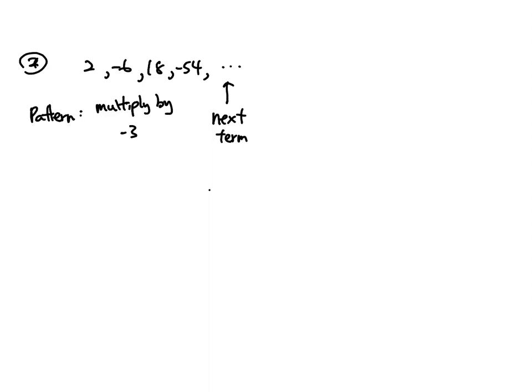To get the next number, we always multiply by -3. So the next number will be -54 times -3, which is 162.